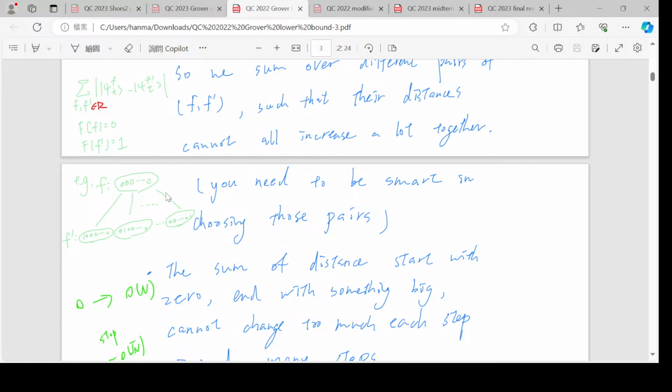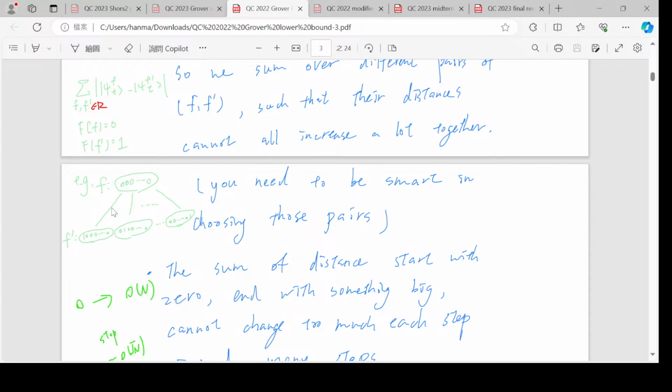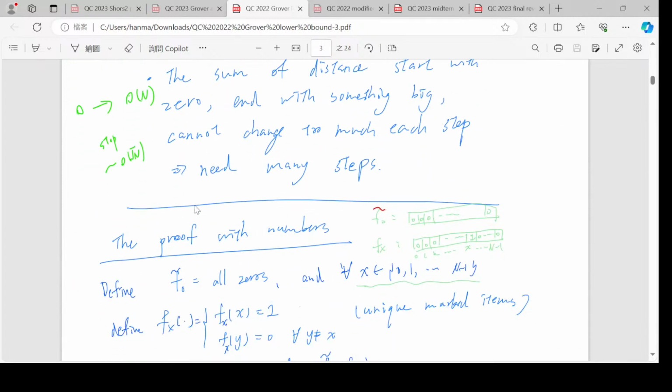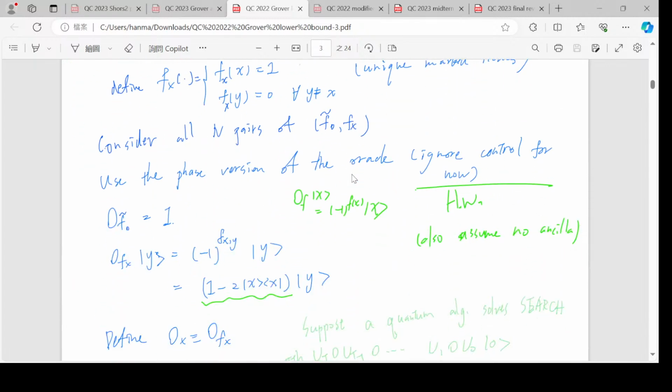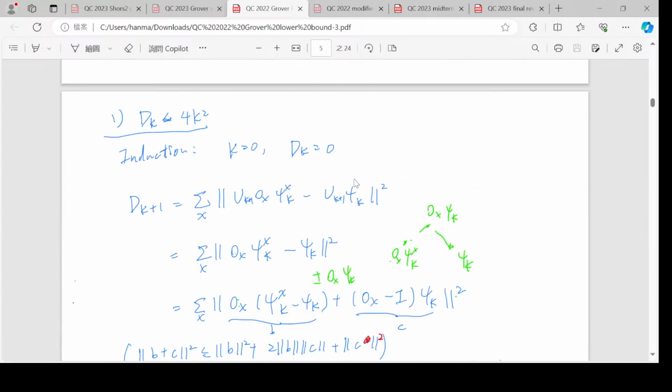If you choose a different pairing, you can lower bound different functions. We used this to lower bound the OR function and got a square root of n lower bound, which proves that Grover's algorithm is optimal.